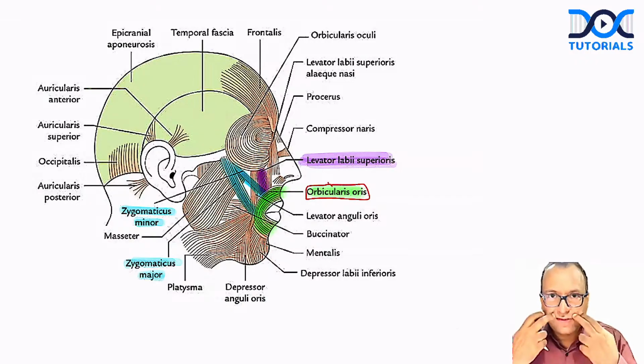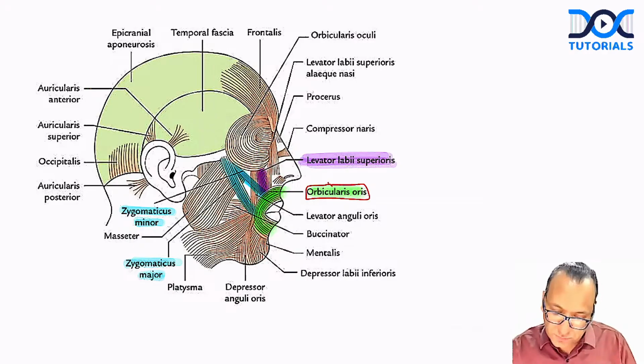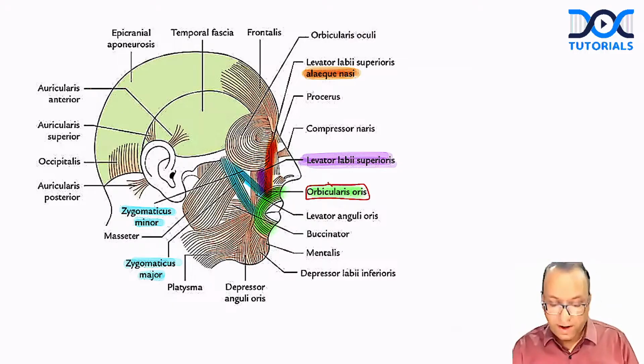Later, because this cleft lip can affect the nasal area also, though it doesn't, because it is the lateral nasal process, but if it is affecting, you have to go to this muscle also. Let me change the color, and that muscle will be alaeque nasi. That is also a muscle which is coming to the upper lip. So understand what the examiner is trying to say.